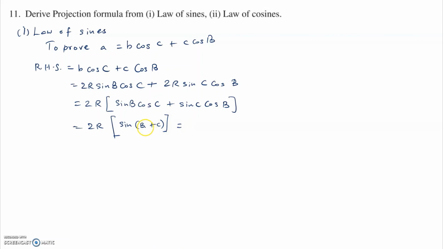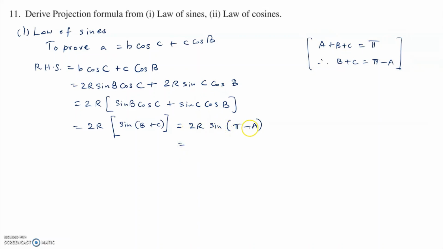Again, B plus C can be written as 2R into sine pi minus A, because we know that A plus B plus C is equal to pi. Therefore, B plus C is equal to pi minus A. Right.